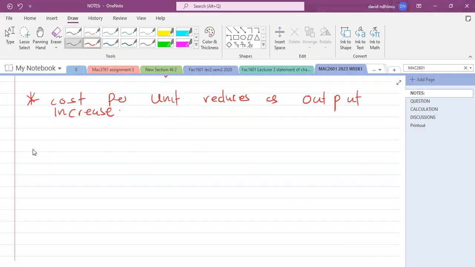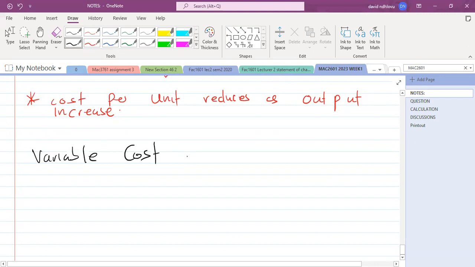Now, the next cost that follows is what we call variable costs. Right, so we have something that we call a variable cost. Now, with a variable cost, we are saying the total cost changes in direct proportion to changes in output.